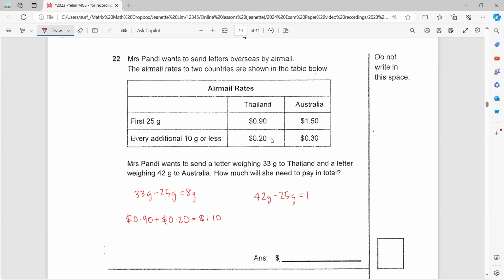We have 17 grams. 17 grams means you need 2 times of this to cover 17. So the total amount you need to pay is 150 plus 2 times 30 cents. 2 times 30 cents is 60 cents. So 150 plus 60 cents is 210. Total amount, 110 plus 210. 320.